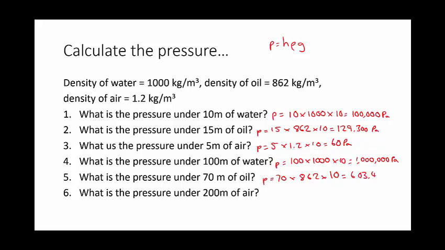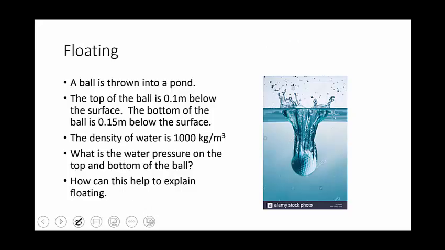And that gives us 603,400 pascals. Then finally, the pressure under 200 metres of air, 200 times 1.2 times 10, gives us 2,400 pascals.